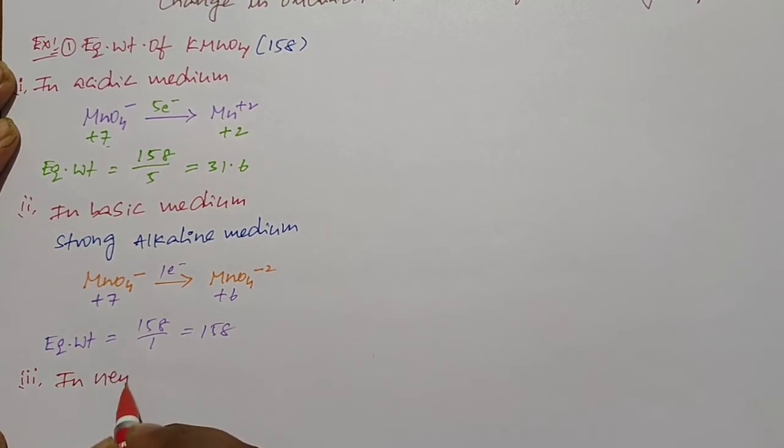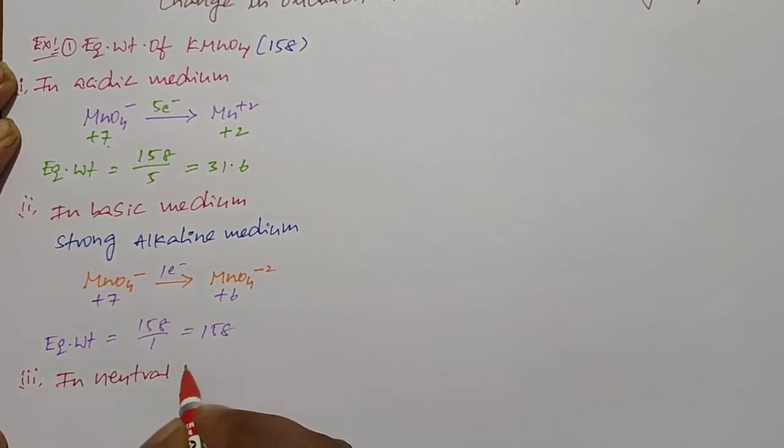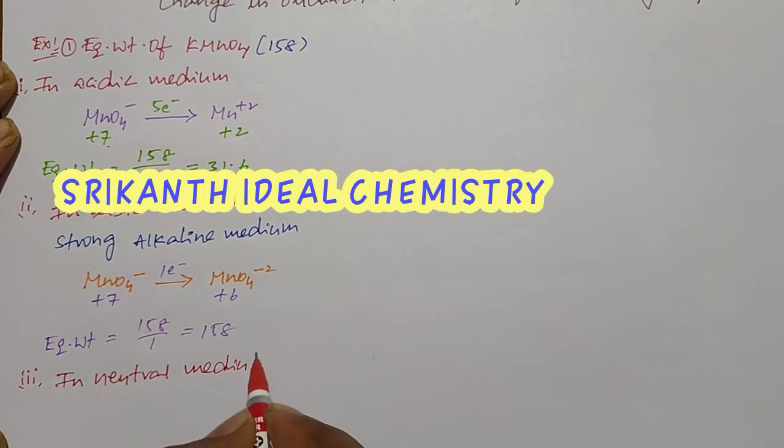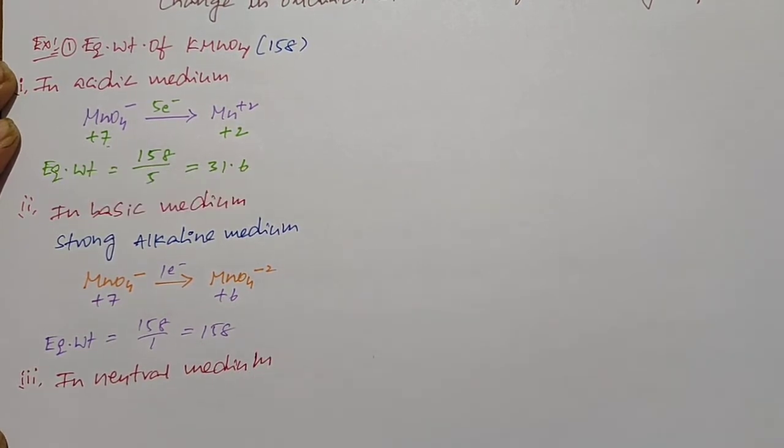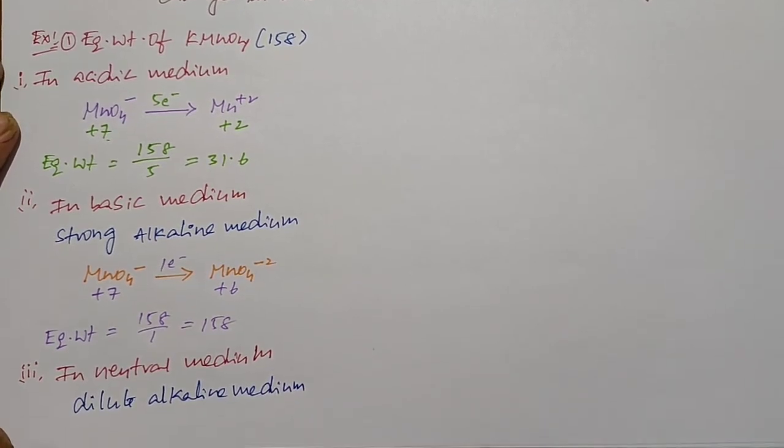In neutral medium, which we also call a dilute alkaline medium, the reaction can be indicated by MnO4 minus giving rise to MnO2.